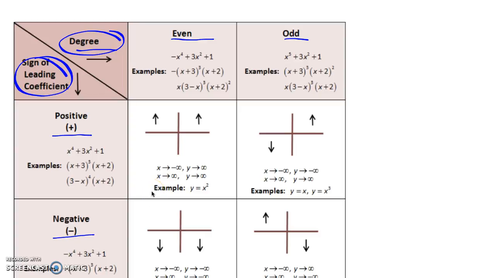This chart helps some students. The degree, being even or odd, goes across the columns, and the sign of the leading coefficient, being positive or negative, goes down the rows. So you just have to look for, let's say, an odd degree with a negative leading coefficient, and the picture shows you the end behavior.